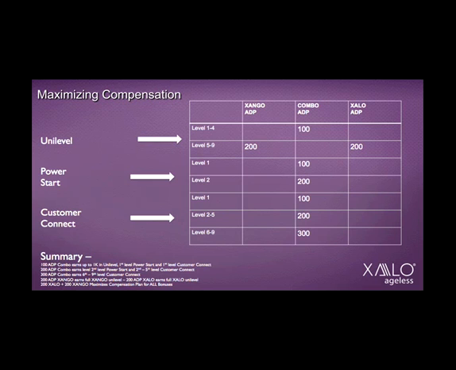If that 200 was XALO, it would qualify me for everything in the XALO plan. But if it's a 200 combination, then I might still only be qualified up to the 5K position in either division. But I get the full depth of our Power Start and 5 levels of customers.